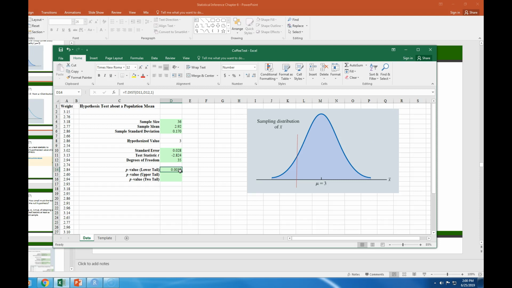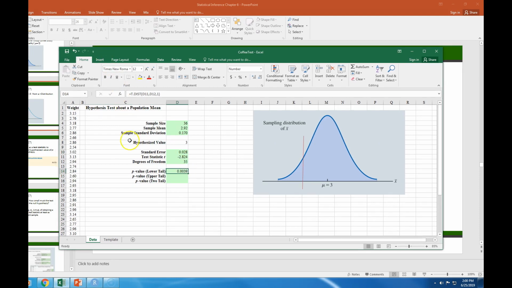The p-value is the probability, assuming that the null hypothesis is true, of obtaining a random sample of size n that results in a test statistic at least as extreme as the one observed in the current sample. So in other words, this is the probability that you will find a value as low as this test statistic.